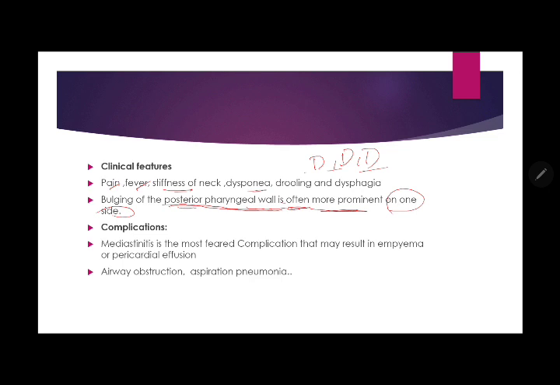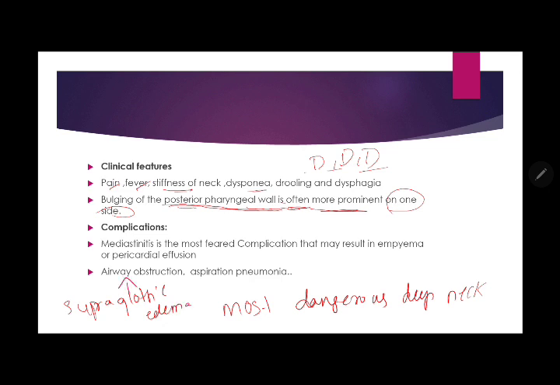Then coming to the complications, this retropharyngeal abscess should be considered the most dangerous deep neck space abscess, because the complications include supraglottic edema, which often leads to airway obstruction.